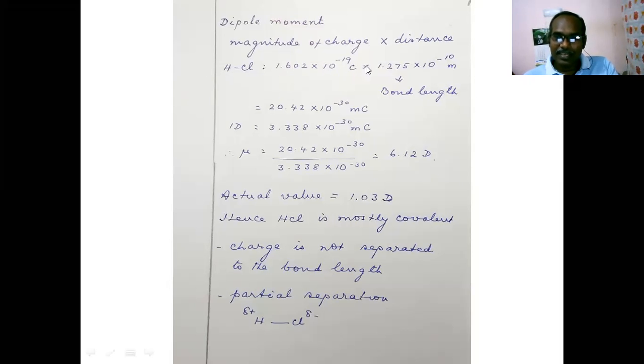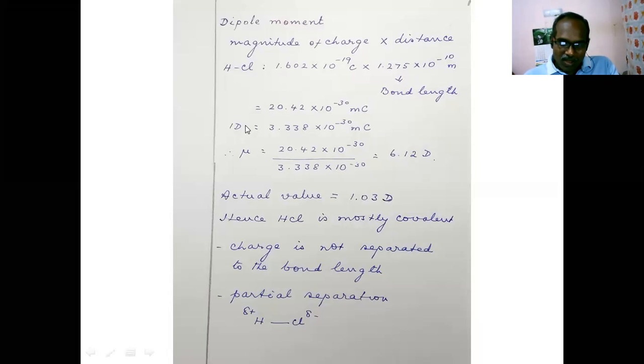Therefore, I am multiplying this with 1.275 into 10 power minus 10 meter, which is the bond length. When I multiply, I get the value 20.42 into 10 power minus 30 meter coulomb. Therefore, the meter coulomb is the unit for dipole moment.